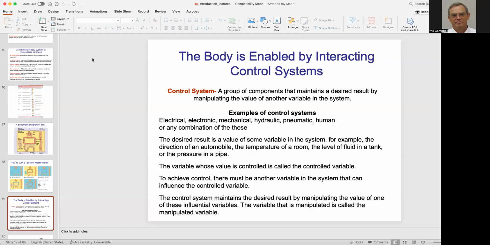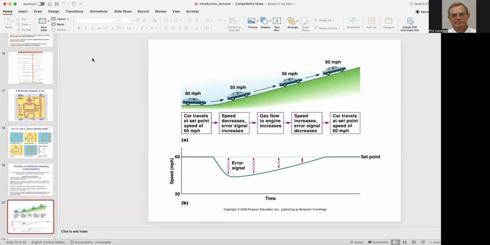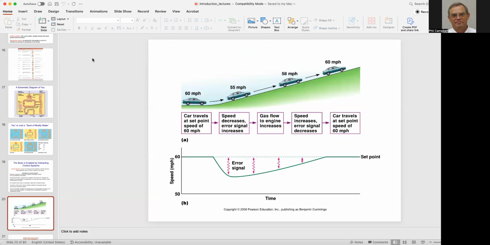I don't care whether I'm talking about a mechanical control system, like an HVAC system, or some system in your body. They all have the same basic fundamental aspects. The thing about control systems is that there is error. And that's where we get this dynamic equilibrium.